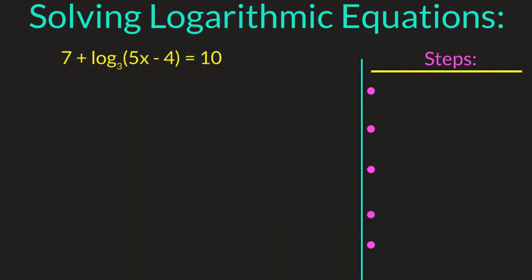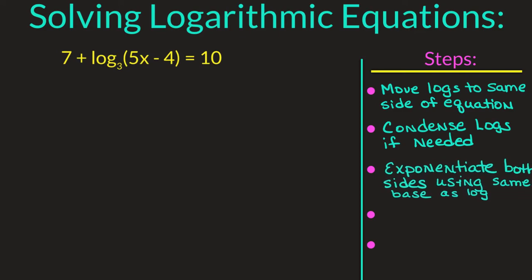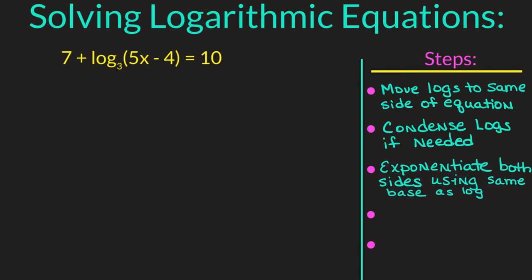Okay, so moving on to solving logarithmic equations, we're going to go over the steps. The first thing that you need to do is move all the logs to the same side of the equation. And then you're going to condense the logs if needed. Afterwards, you're going to exponentiate both sides using the same base as the log.